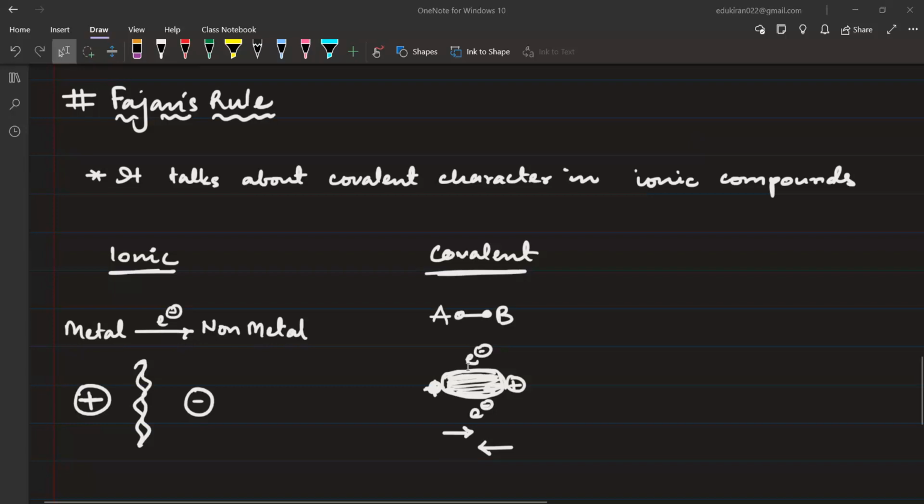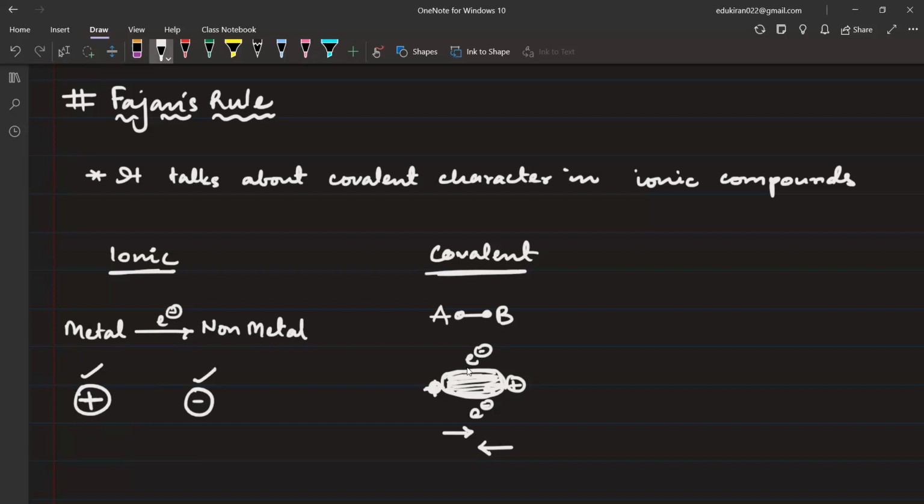Now, if we have an ionic compound, I'm just saying, if we have an ionic compound and it has some electron density between these two ions, then we will say, okay, fine, it is having a bit of electron density. Now you tell me, first of all, if I look at a cation and an anion, here we have the cation, here we have the anion.